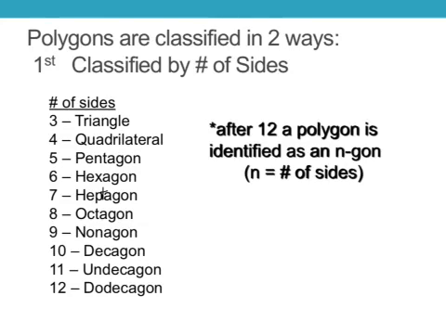Heptagon. 8-sided figures are called octagons. 9-sided figures are called nonagons. 10-sided figures are called decagons. 11-sided figures are called undecagons. And 12-sided figures are called dodecagons. Okay? After 12 sides, we just call it an n-gon, where n represents our number of sides. So a 17-sided figure would be a 17-gon.